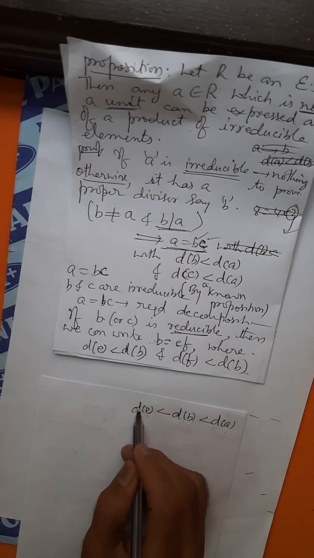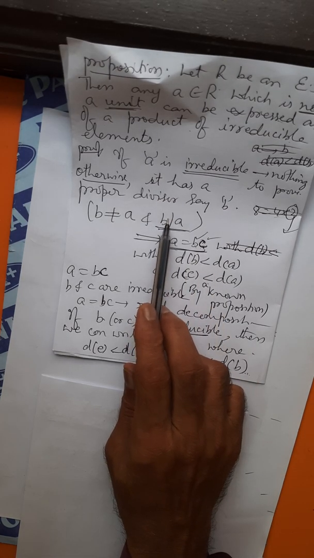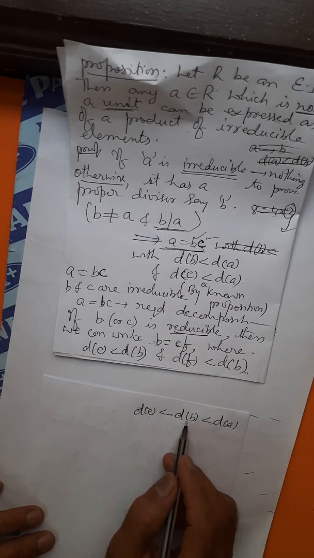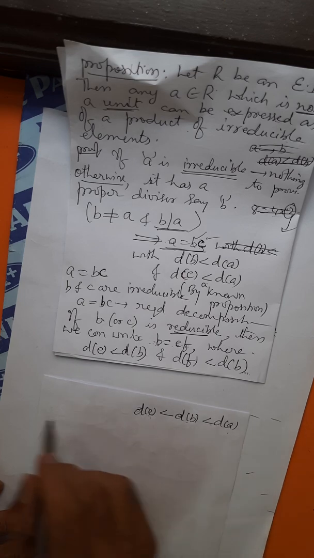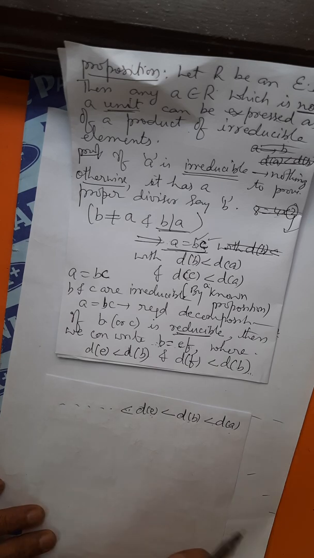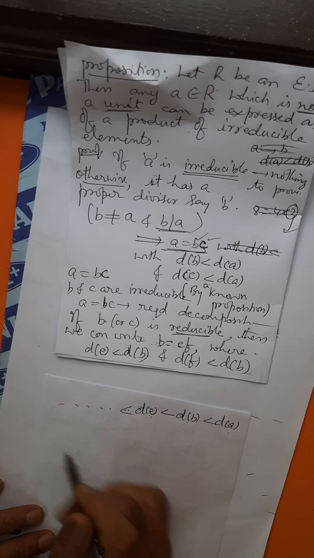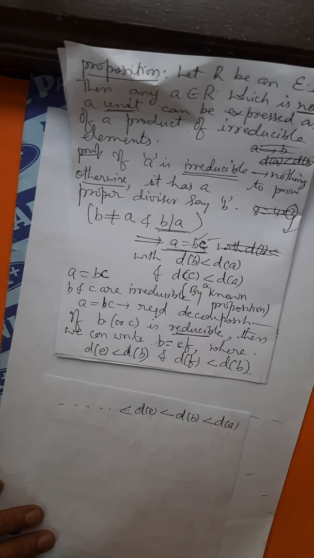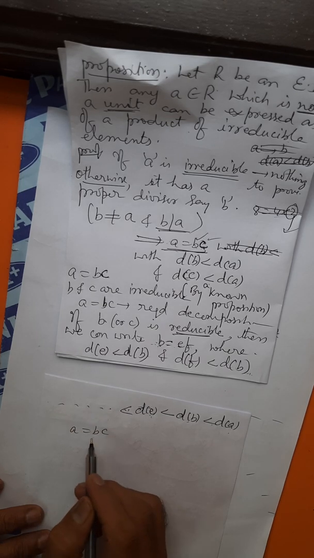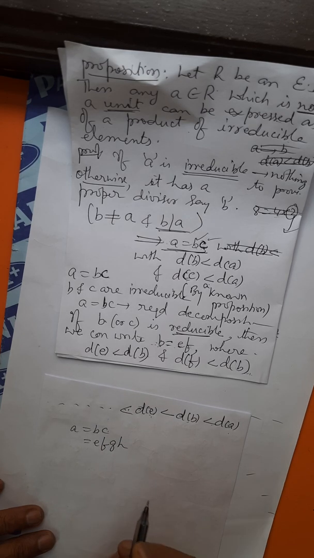Since D value of the factors are strictly decreasing after a finite number of stages, all the factors will be irreducible. Now look, A equal to BC. If B is reducible, you are writing B equal to EF, C equal to GH, right?